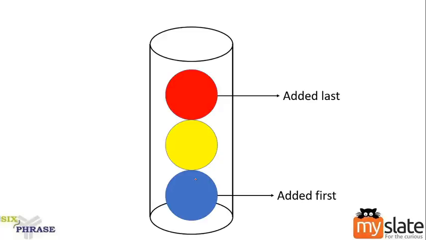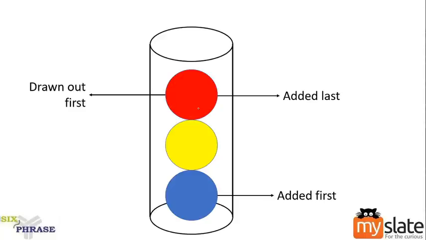It is sealed at the bottom guys. I can access it only from the top of the cylinder, which means my quick accessing variable is going to be this red colored ball. This is the one I can draw out first. Even though blue was sent inside first, red color is the one that can be accessed immediately.